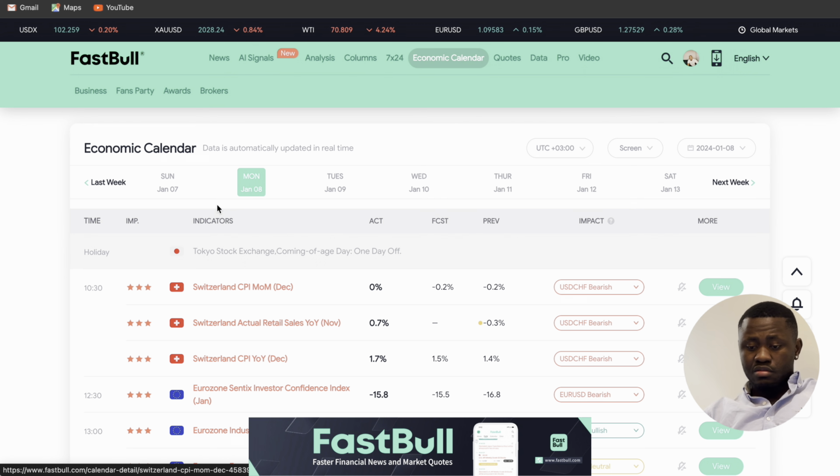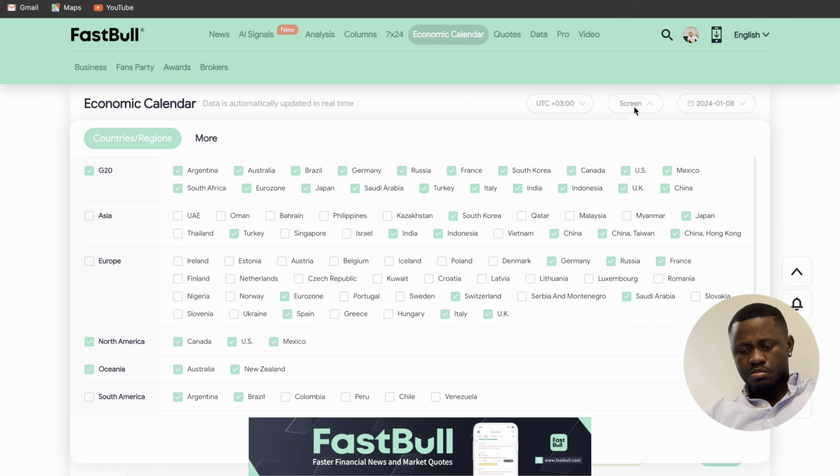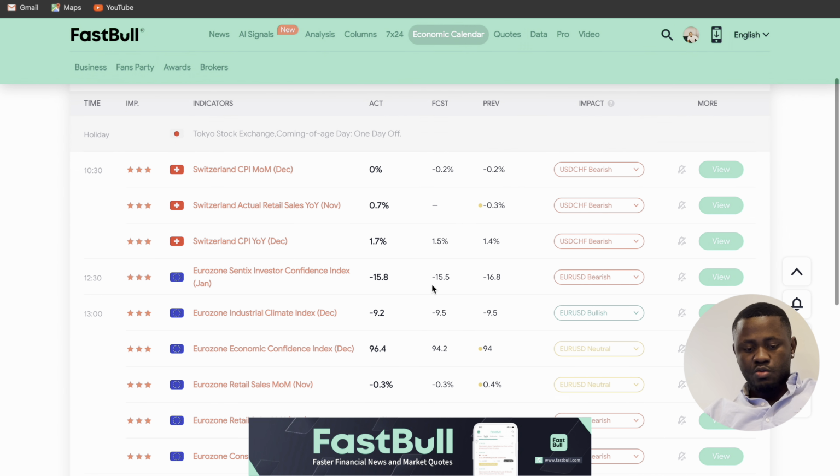So if you want to use the economic calendar, you can see it. This economic calendar has very volatile news, less volatile, and more volatile news. When you see news that has 3 stars, those are very volatile. If you want to screen, you come here, select more, and then select here. If you select 1 star, they bring you less volatile news, then 2 stars, then you have the red ones, where we're going to have only highly volatile news. After I modify it, I'm just going to have these news events.